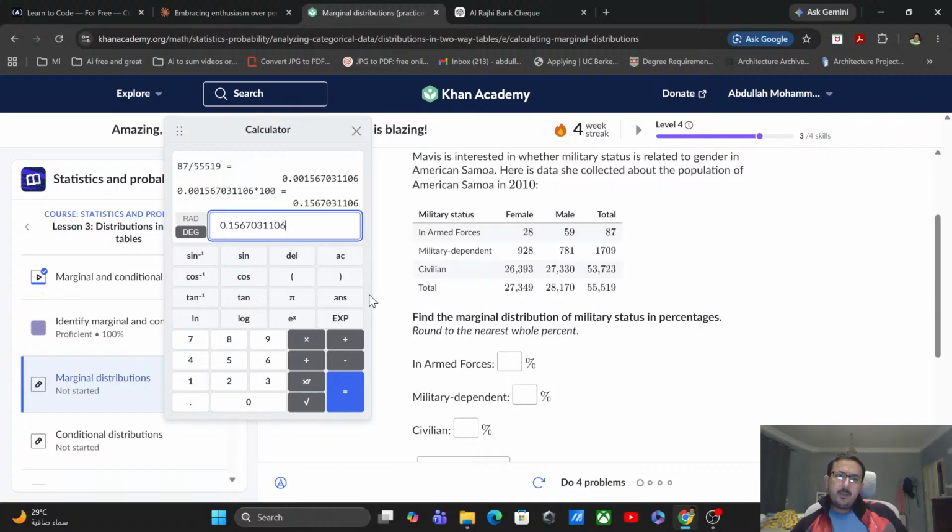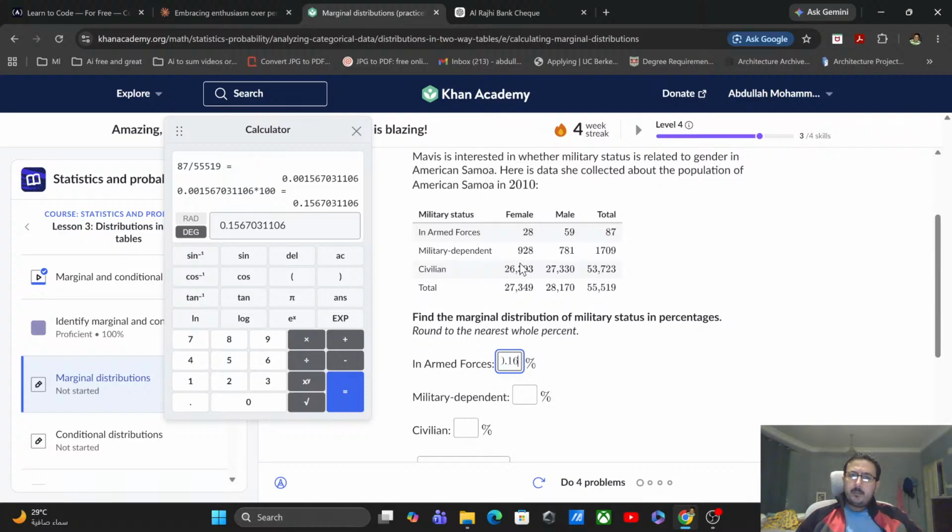It's not even one. I don't know how to write this. Got a problem with the rounding problem. Let's say 16. Okay.